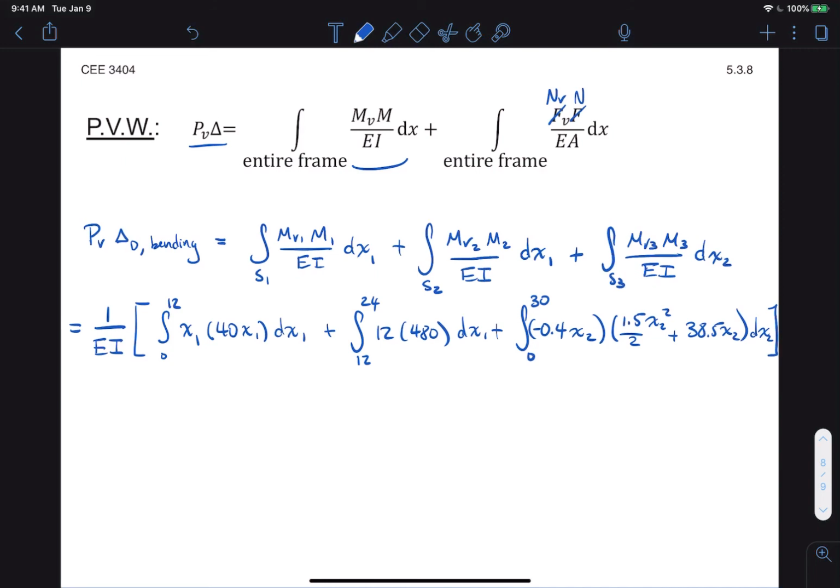Notice that if we had used a different convention for section 3, the signs for those two terms would simply flip and we'd get the same result.